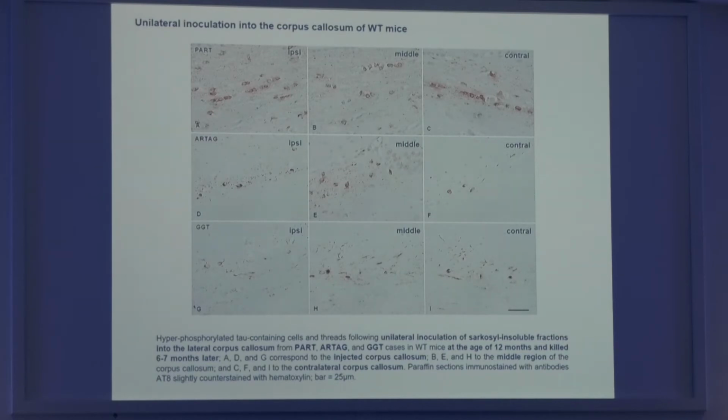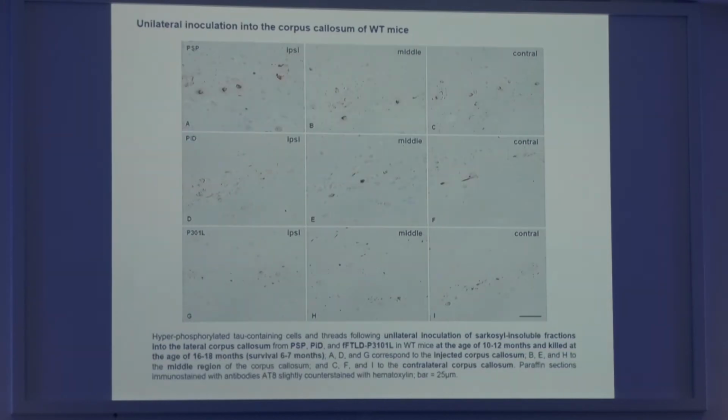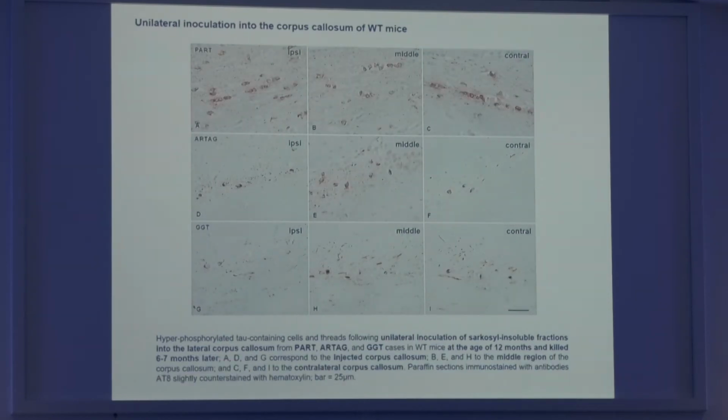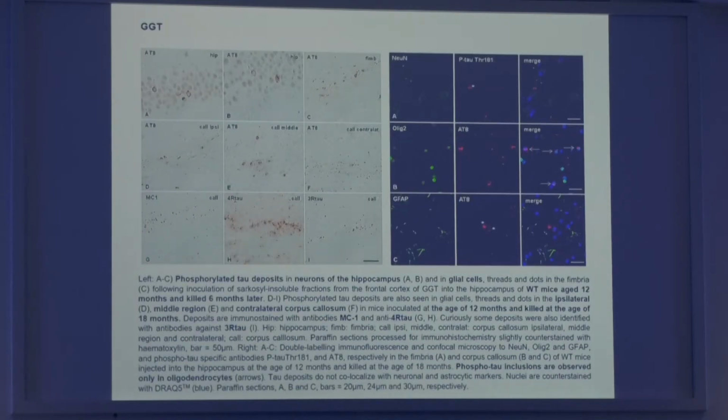And then the inoculation in the corpus callosum is very useful to demonstrate that following inoculation, the tau deposits are in the ipsilateral, the middle region, and the contralateral, either following inoculation with PART, with ARTAG, or with GGT. Also, there are subtle differences among the different tauopathies, and the same happens with GGT.